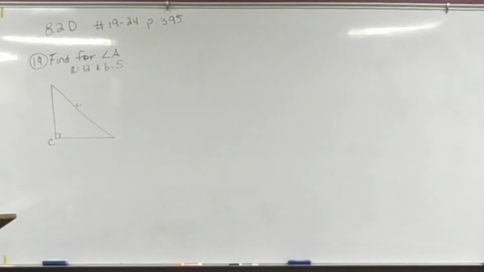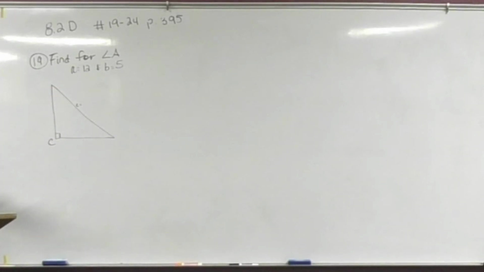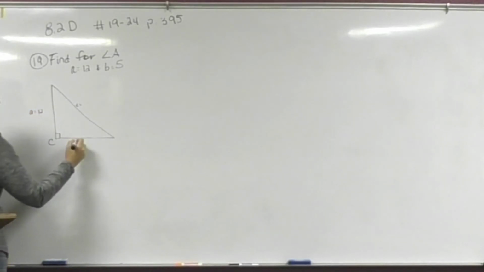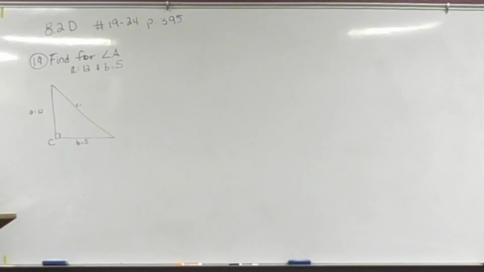And I know A and B. So it doesn't matter if I put A here and B here, or A here and B here. So I'm going to do A right here. A equals 12, and B equals 5.